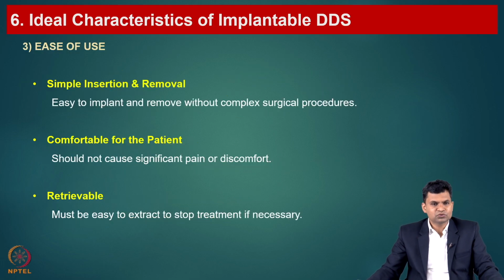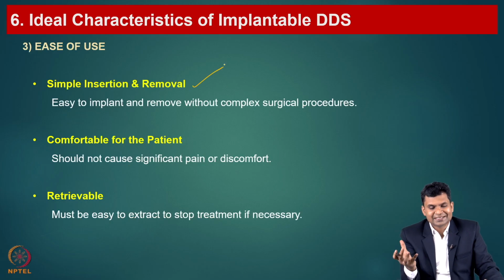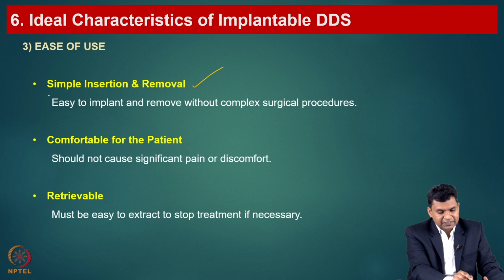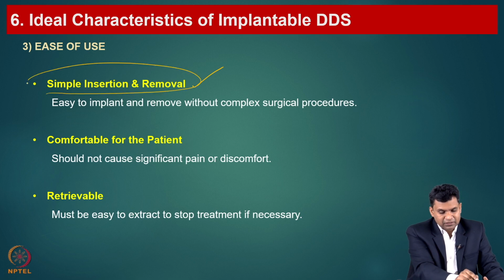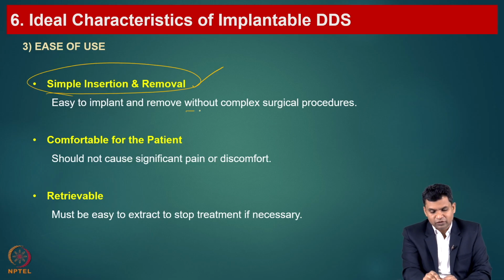And ease of use: a simple incision and removal, like simple contact lenses or Accusets, can be possible. Even in situ implantable systems are preferable, so that the patient can easily place the implants and also remove them easily after the treatment without complex surgical procedures.